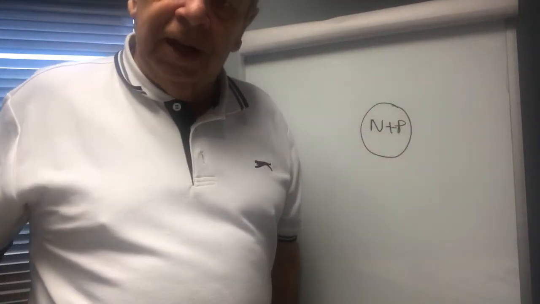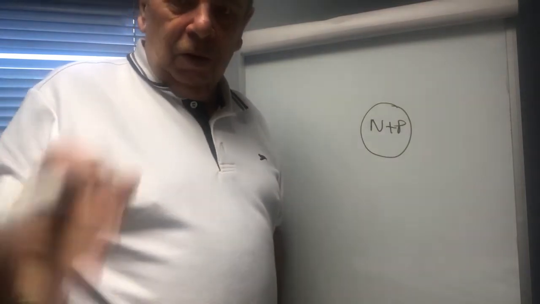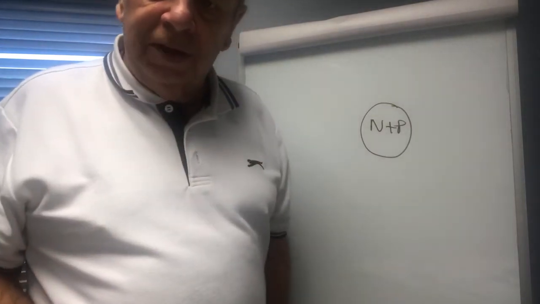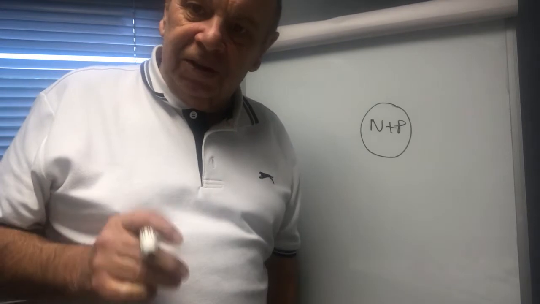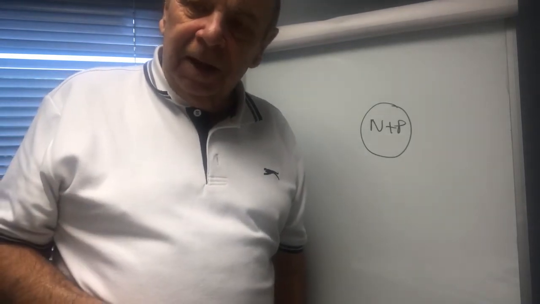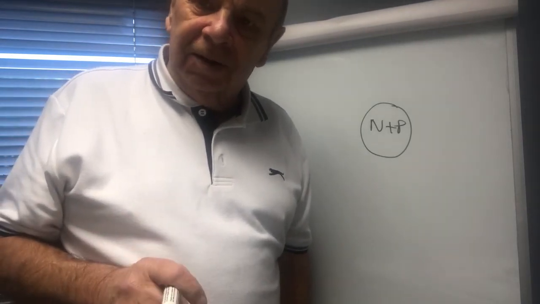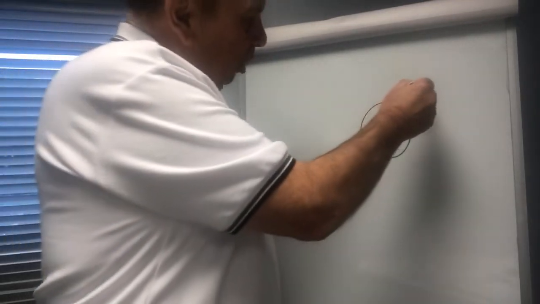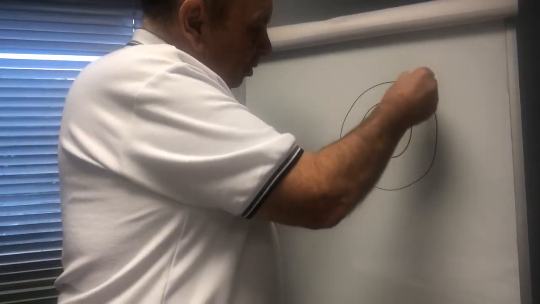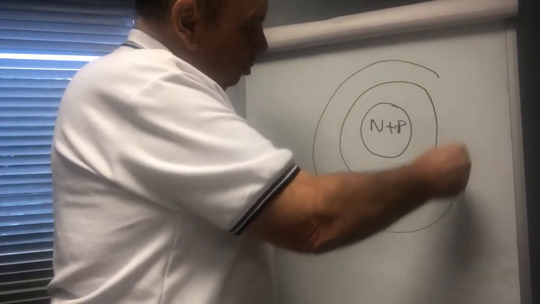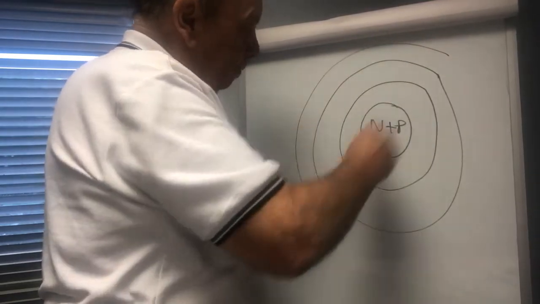However, these electrons move in orbits, but all these orbits are not of the same energy, and these are found in shells, electron shells, like so.